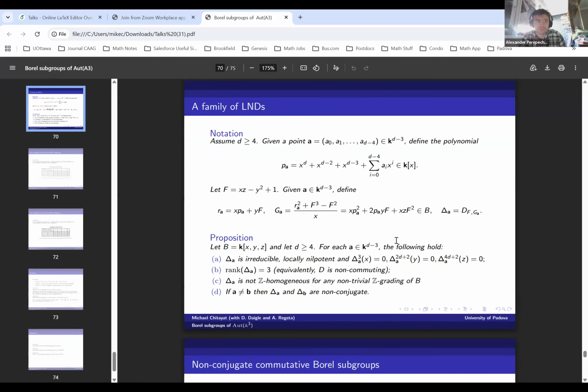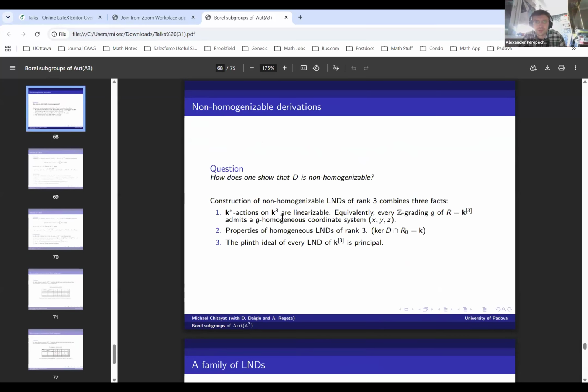The style of argument is the same, but rather than using these properties of rank 3 LNDs, you do something similar.